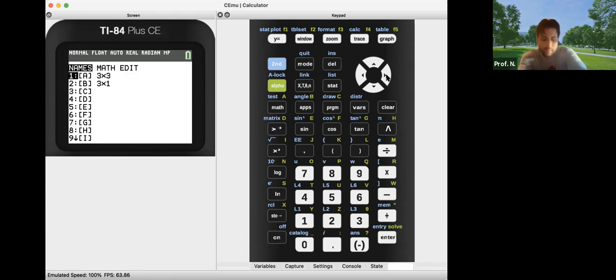And then my column vector is negative 5, 8, and then negative 5.